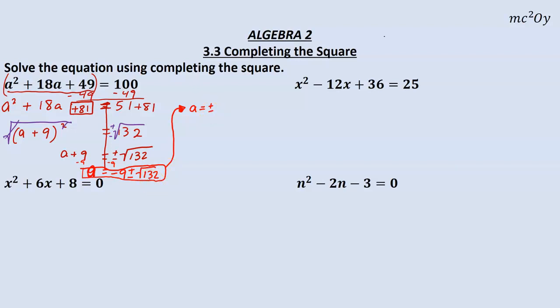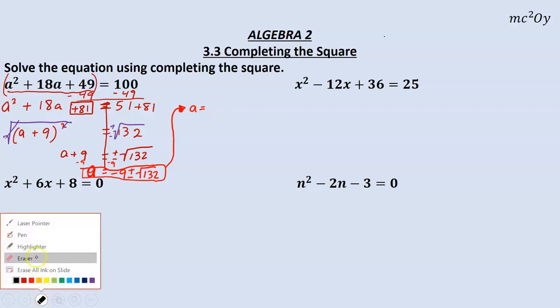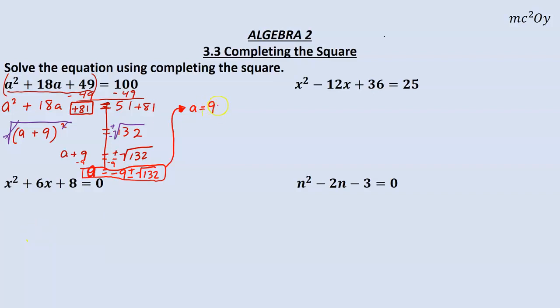I can cut it in half twice. Half of 132 is 66. Okay, and then I can cut that in half, which gives me 33. So that means I'd have, oops, I forgot my 9 there. So I'd have my 9 plus minus root 4 times root 33.